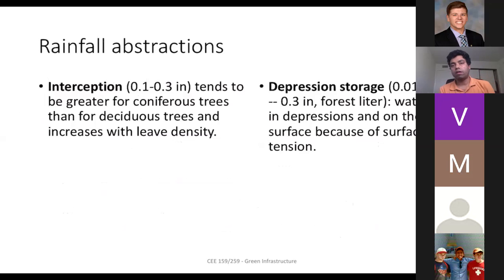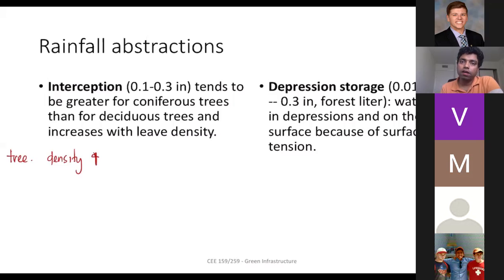Interception, as I said, is all about water remaining on the leaves of a plant. To increase interception, you have to have lots of trees, so you have to increase tree density around those areas. And second, not just tree density: different trees can intercept different amounts of rainwater.